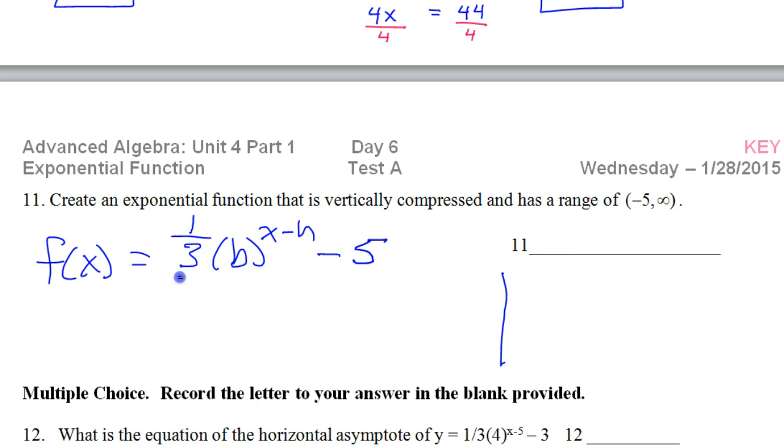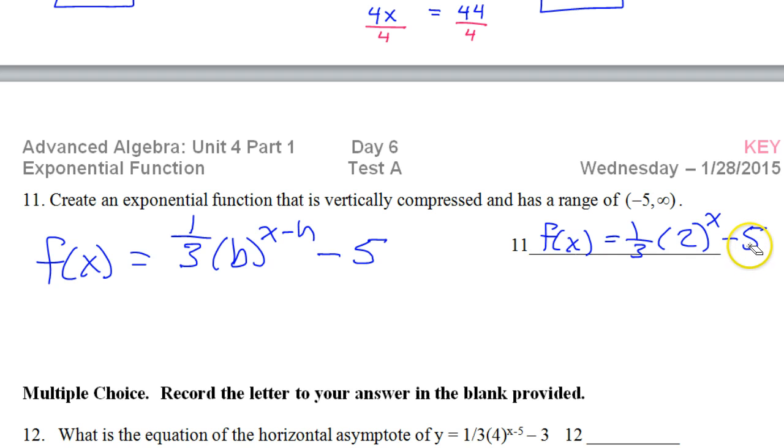If I have this 1/3 here and the -5 here, in fact, it has to be -5, but this just had to be something between 0 and 1. So an example would be, f of x equals 1/3 times, whatever, 2 to the x power minus 5. This would have been a good answer to this question.